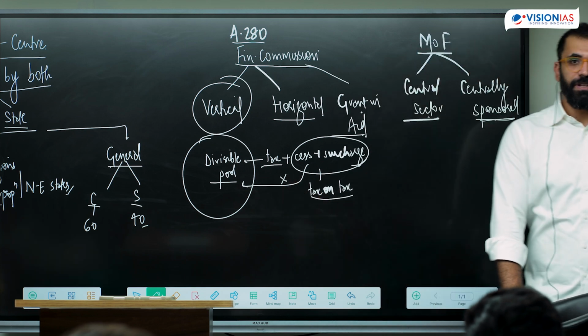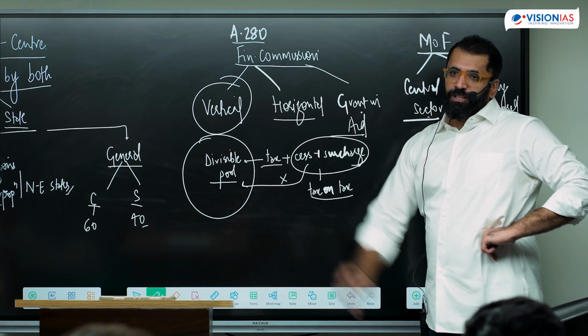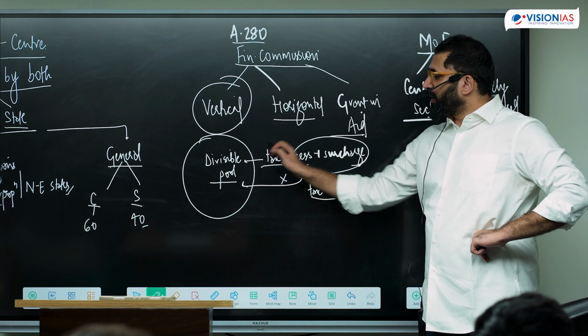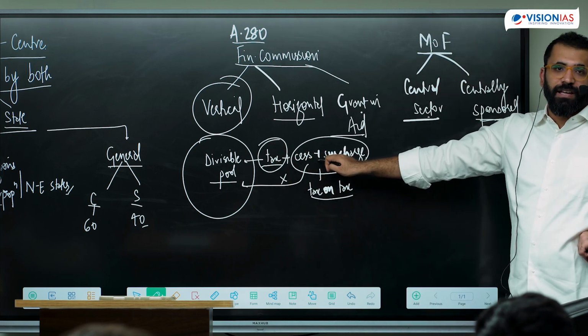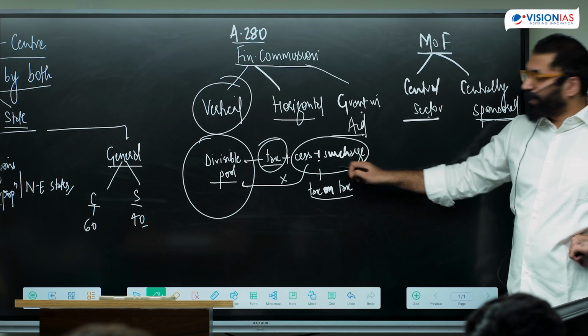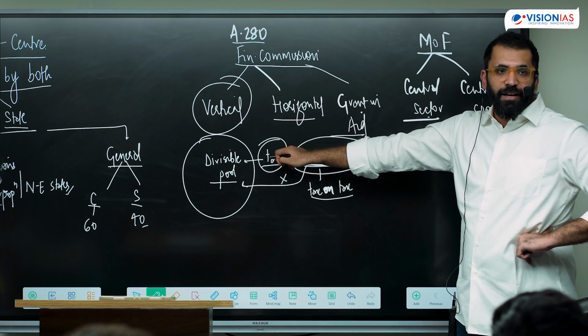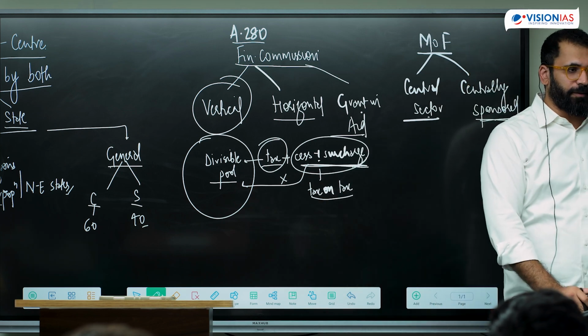Now, what is the problem with this? If this money does not go into the divisible pool, what the central government has been doing in the last 5 to 10 years is not increasing the amount of tax, but instead increasing the amount of cess and surcharge. So they are collecting more revenue from cess and surcharge as opposed to the major tax. Therefore, the divisible pool is not increasing every year as it should.